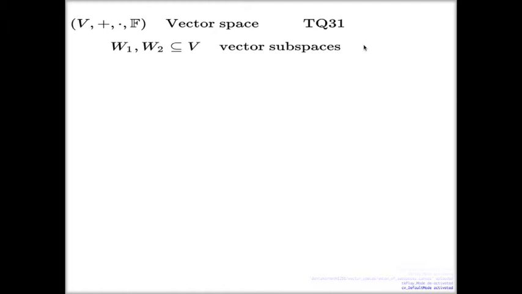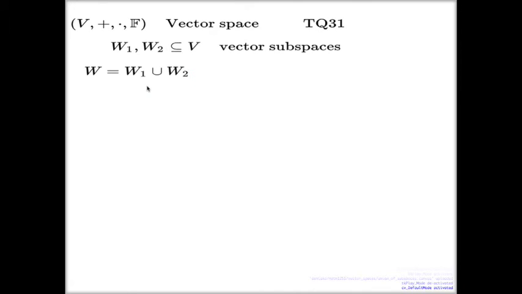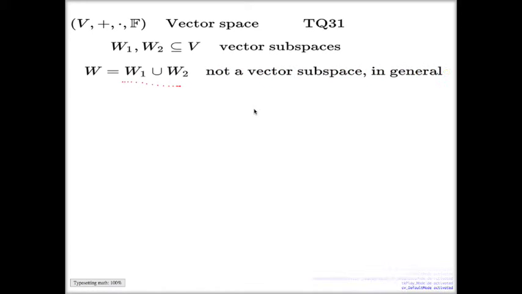It asks whether a union of 2 subspaces is a subspace. The answer is no. So if I build a new set, which is a union of 2 subspaces, the claim which I make is that this is not necessarily a vector subspace in general.